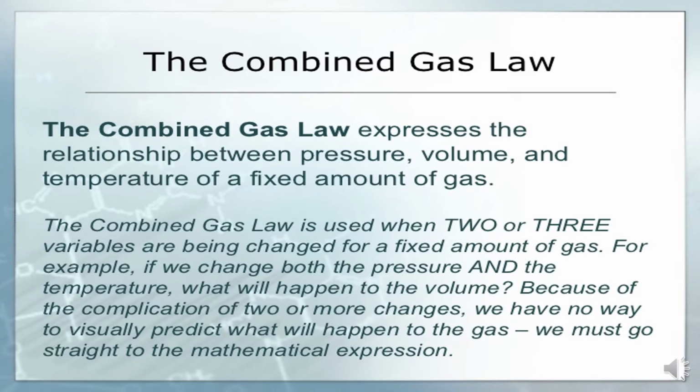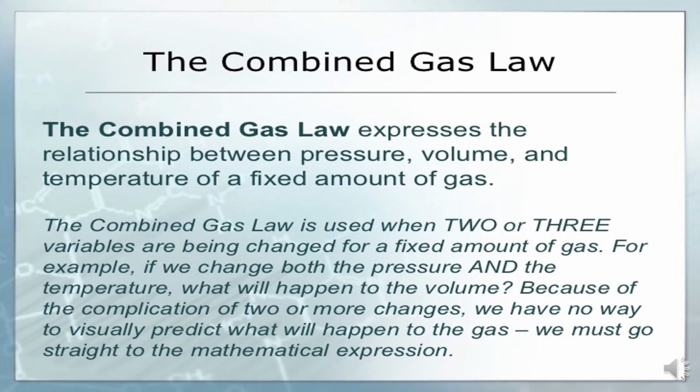Now by combining all these laws, we can express the relationship between pressure, volume and temperature for a fixed amount of gas, and this law can be used when two or three variables are being changed for a fixed amount of gas. For example, if we change both the pressure and the temperature, what will happen to the volume?